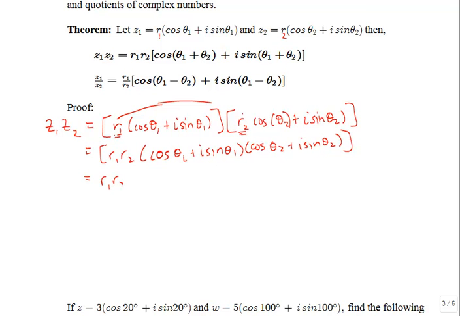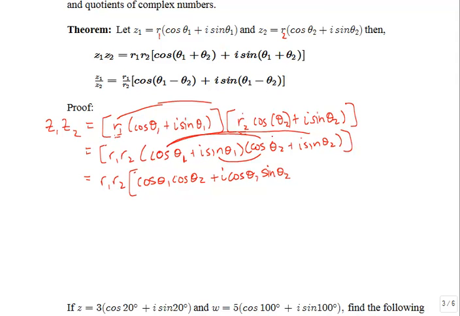Good old FOIL. So I'm going to do cosine theta 1 times cosine theta 2. I'm leaving that r1, r2 out front of this whole FOIL process. And now we're going to do cosine theta 1 times I sine theta 2. So I'm going to put the I in front, and then cosine theta 1 sine theta 2.